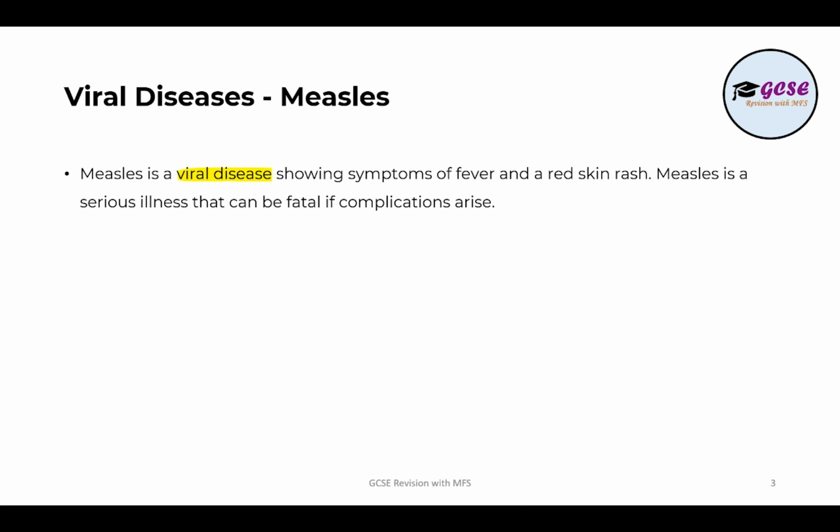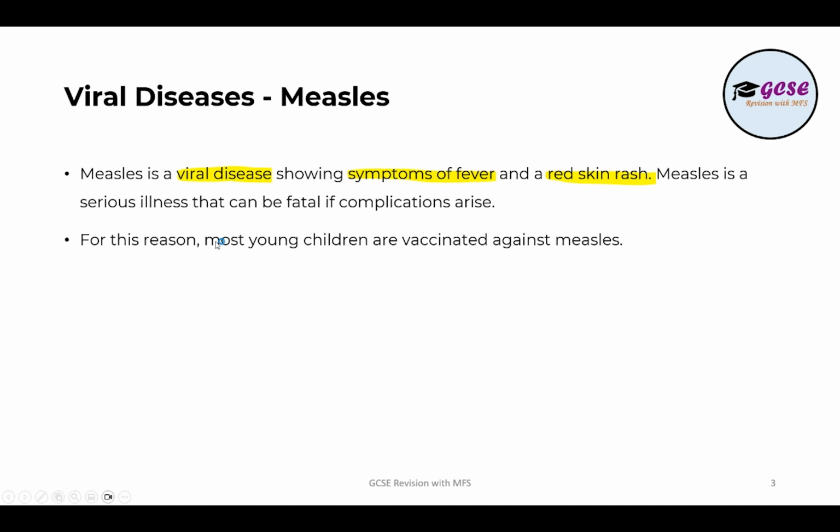There's a few for bacteria you need to know, and so on, so it's really important that you remember which one's which. Measles is a viral disease, and the symptoms include a fever and a red skin rash. It can be fatal if complications arise.